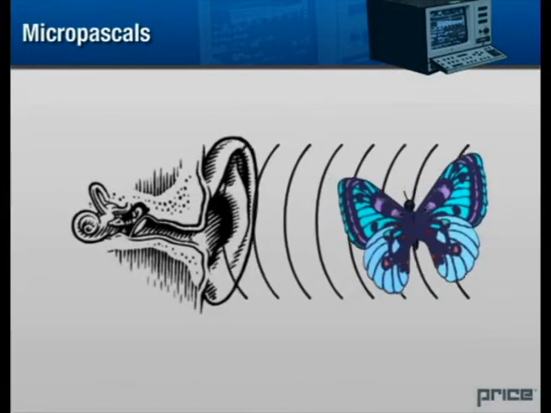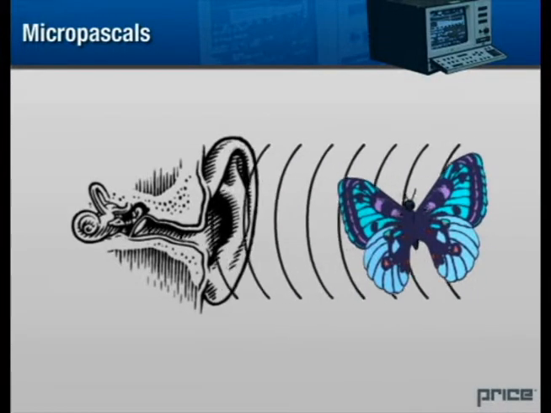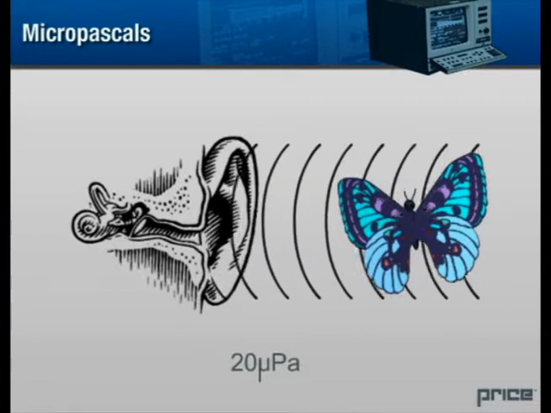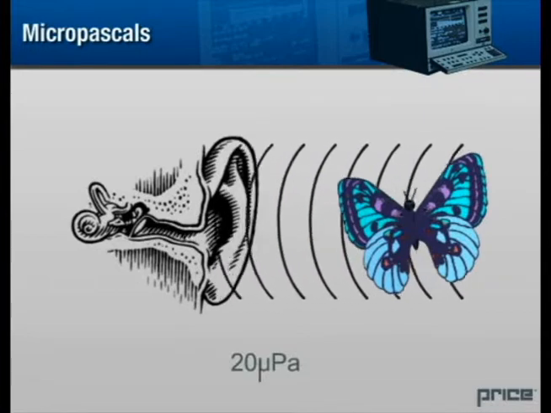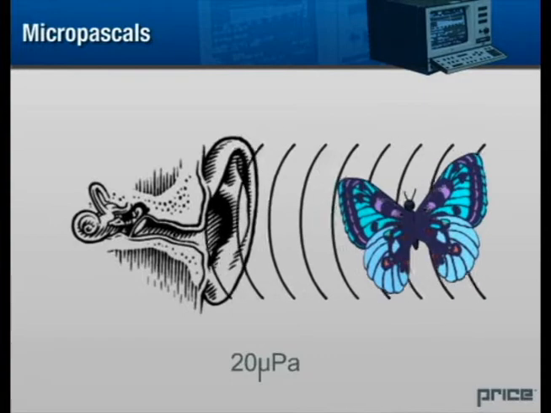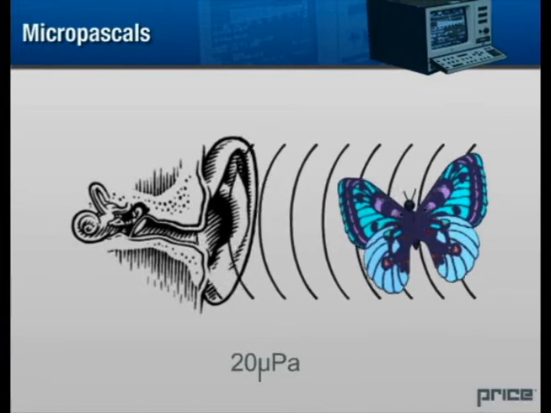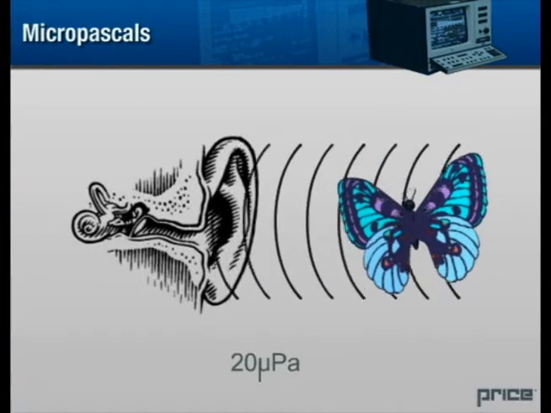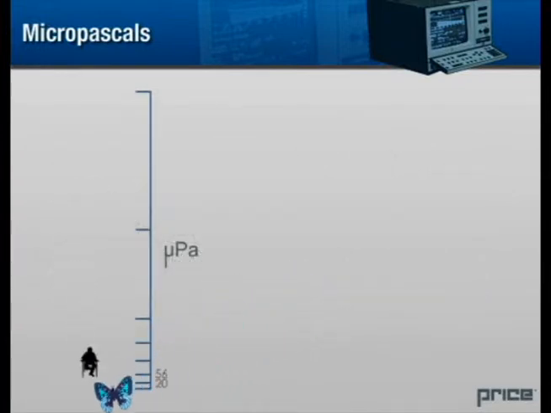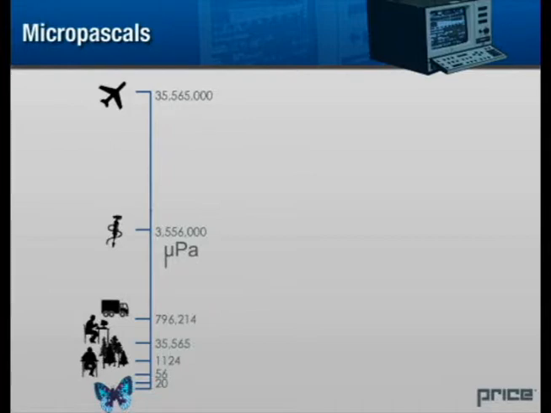The weakest sound detectable by the human ear is 20 micropascals. To put this into perspective, a pressure change at this level causes the eardrum to displace less than the diameter of a hydrogen molecule. At the same time, the ear can also withstand pressure changes more than 1,000,000 times this lower threshold. This type of measurement would result in a rather large and awkward scale.